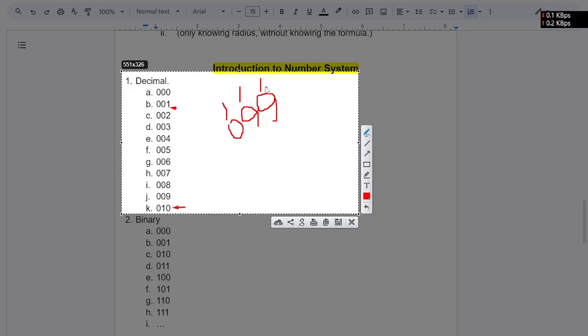The digit which has the most weight changes frequently, and this changes less than this digit, and this digit changes less than the rest of the digits.